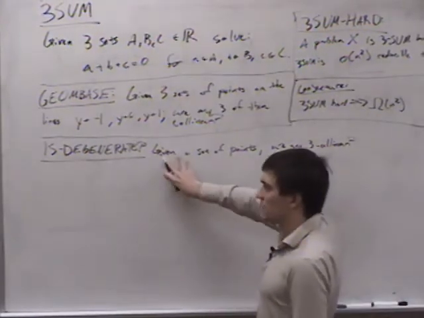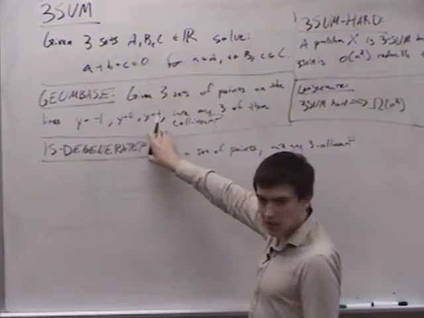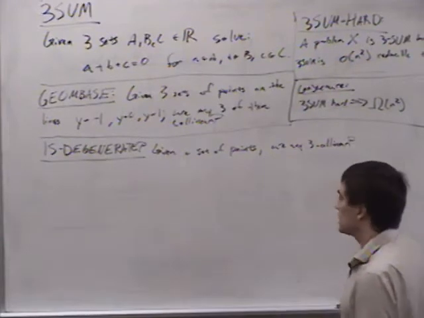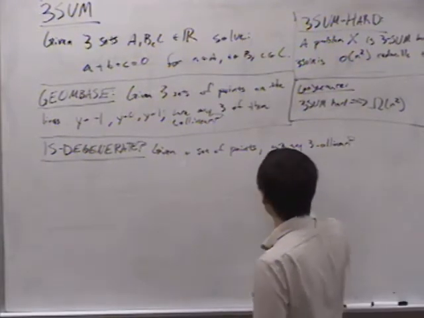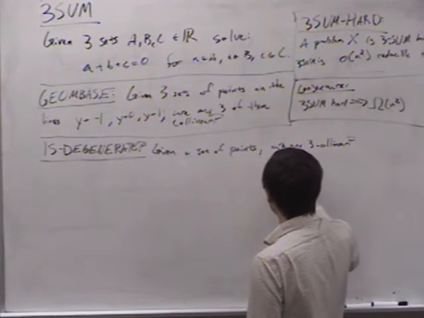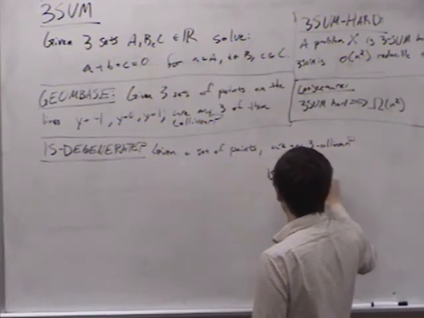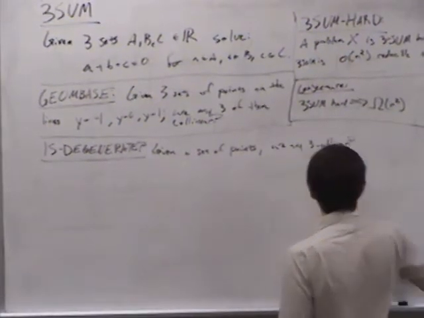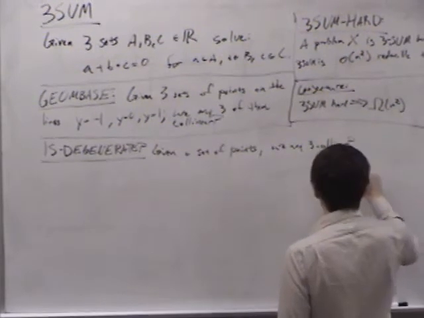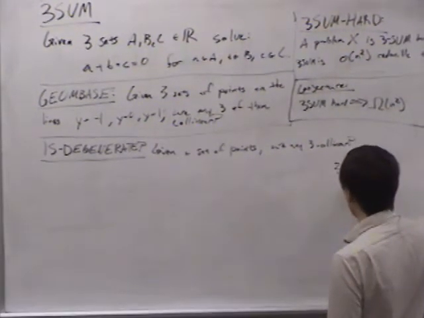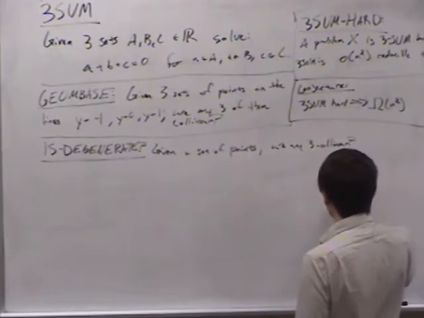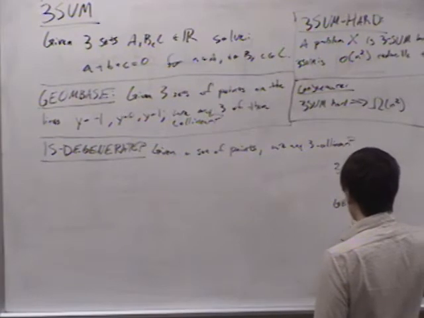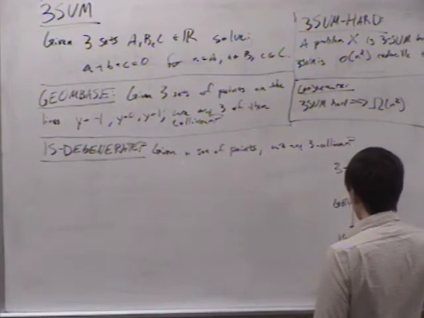So testing if a set of points is degenerate is as hard as g on base, right? And we know g on base is at least as hard as 3-sum. So we have this sequence of reductions where I'll put 3-sum at the top. This problem can be reduced down to g on base. And g on base can reduce down to is degenerate.